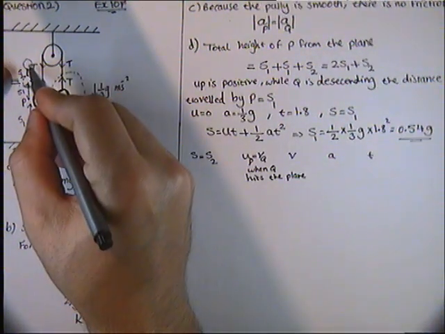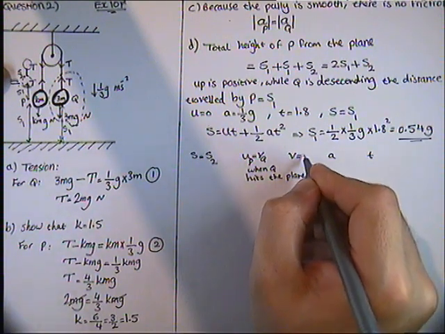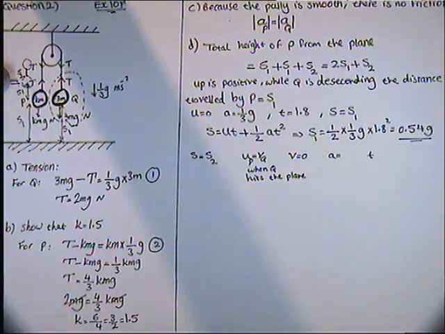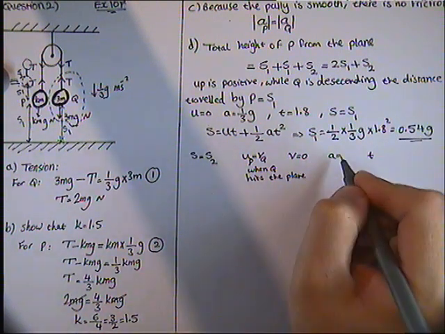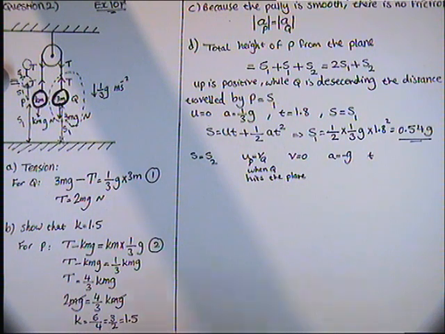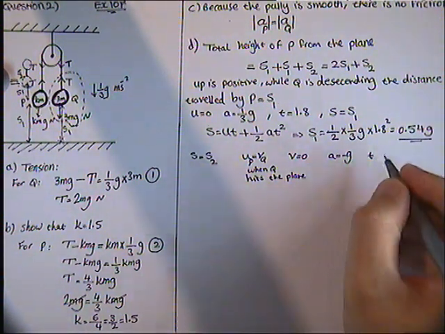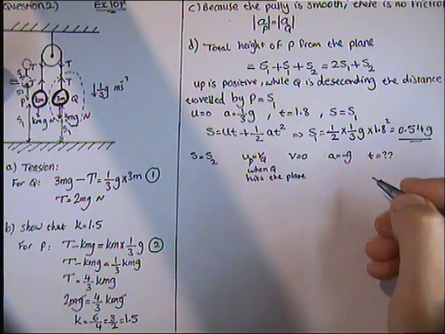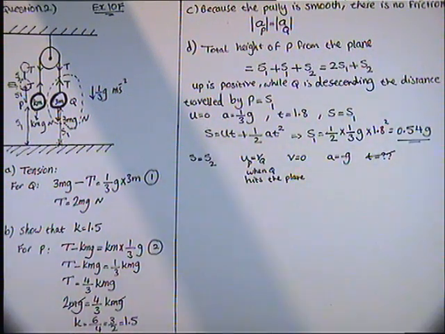Final velocity at this point is going to be 0 because it's going to completely stop. And the acceleration, because the string will lose its impact, there is only one acceleration, which is negative g, because it's moving upward and gravity is downward. We don't know the time for this, and we really don't need the time taken either.